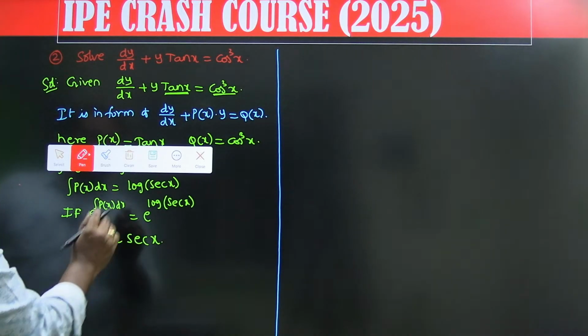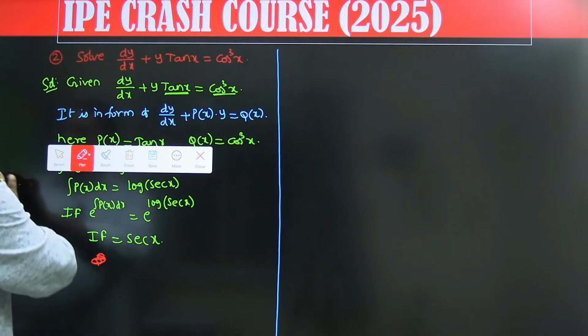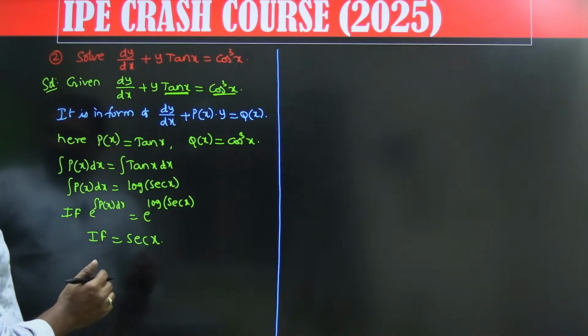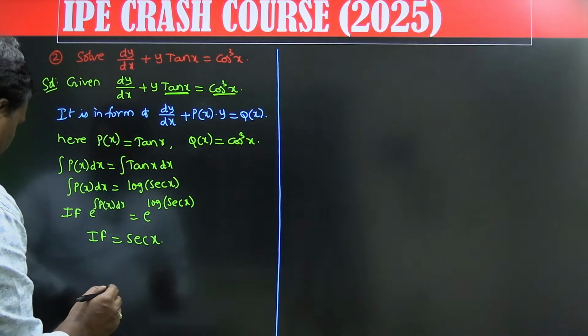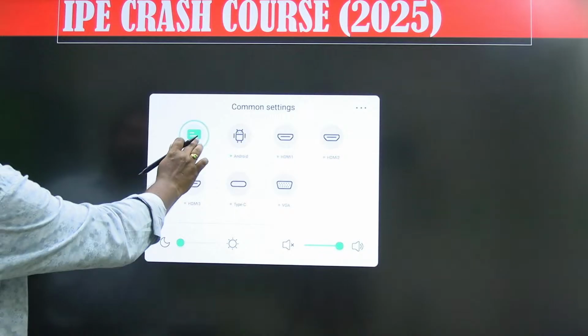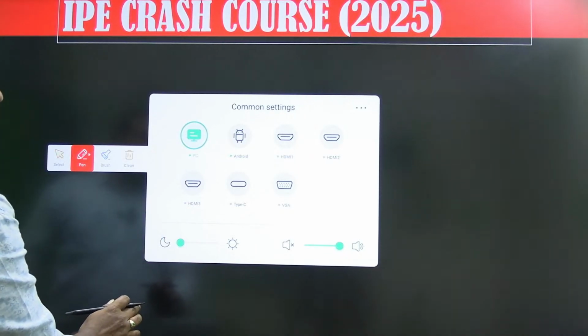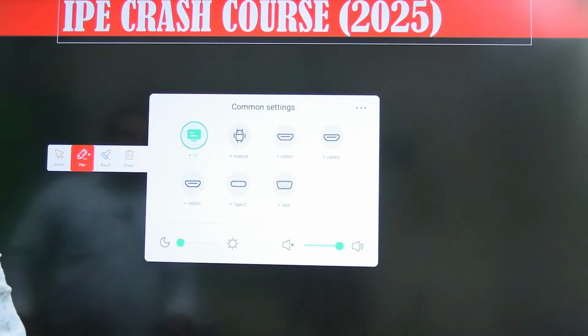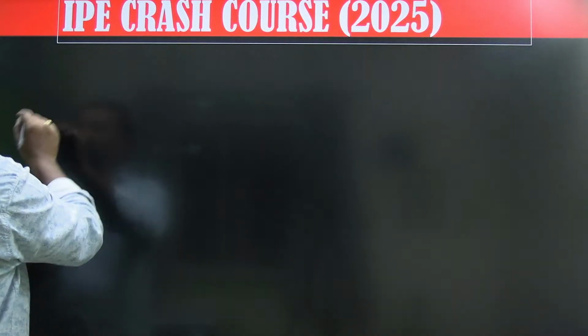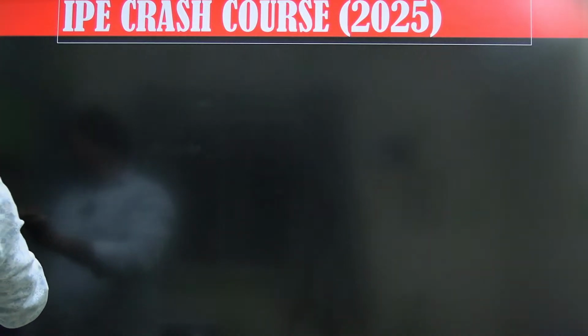A integrating factor is secant x, Nana. So solution is one minute. క్లోజ్ అయింది మొత్తం. ఎందుకు క్లోజ్ చేద్దామా?